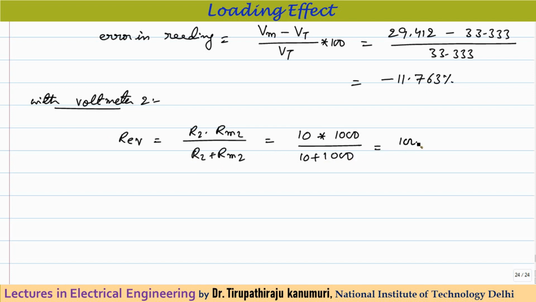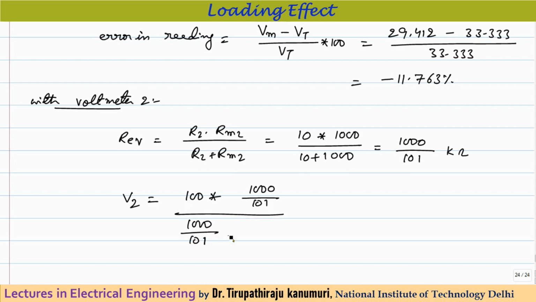So this will be equal to 1000 divided by 101 kilo ohms. So from this I can calculate my voltage that is measured will be equal to 100 multiplied by 1000 divided by 101, divided by 1000 divided by 101 plus resistance R1, which is 20.